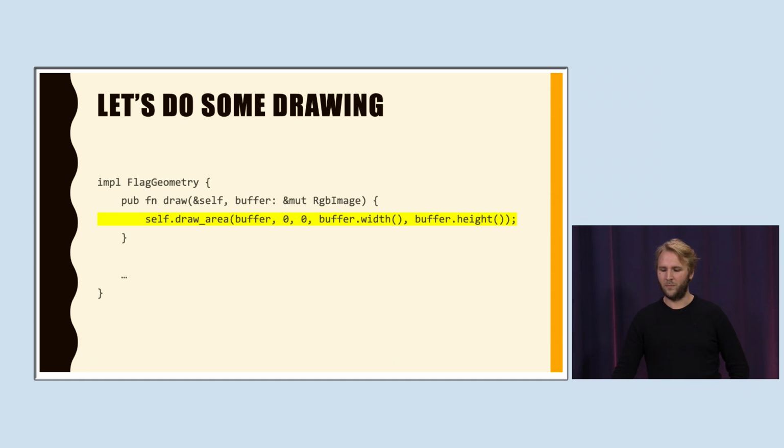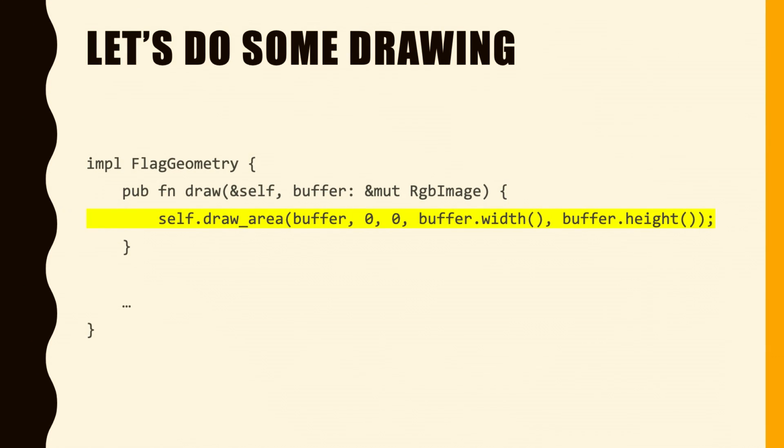So in order to draw a flag, we'll descend the geometry tree and subdivide the drawing area as we go. To make it easier for callers, because of course we want a nice API design around our flag drawing library, there is a small convenience method.